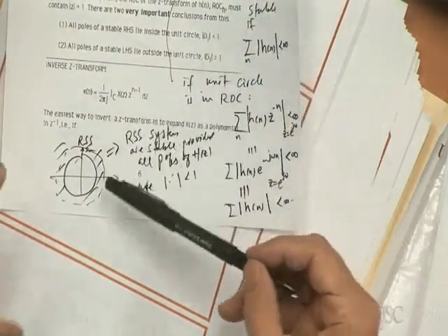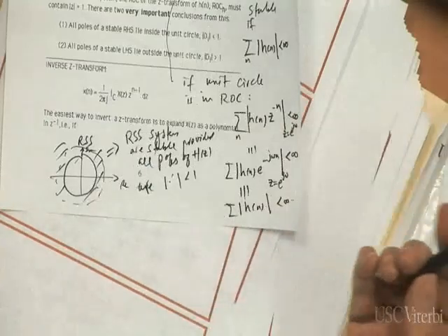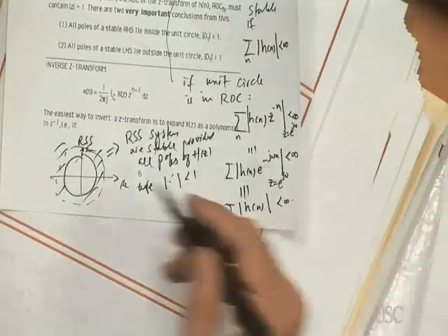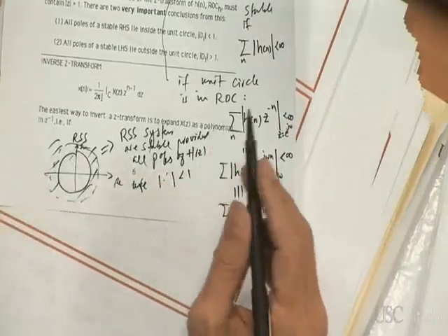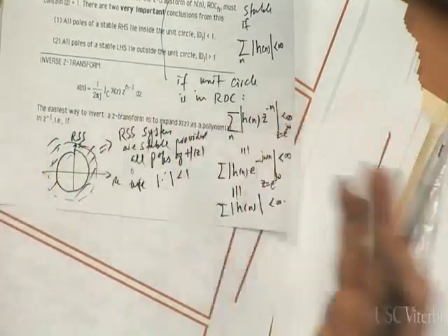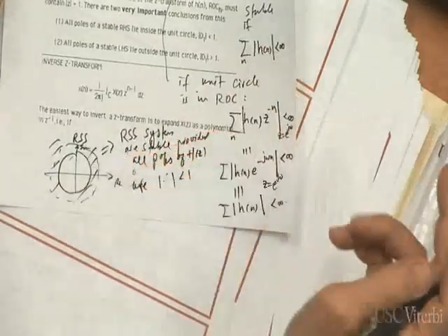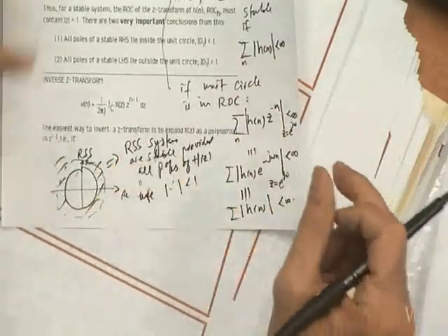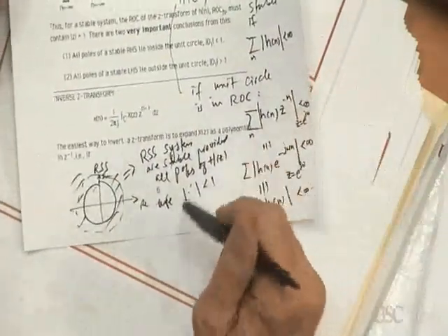Because if there are certain poles that lie outside the unit circle, that means this boundary is going to be larger than 1. Everything's going to be exterior, so there's no way that the region of convergence can include the unit circle.